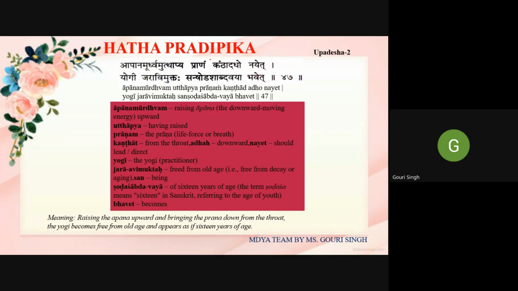And lastly, whenever we apply the Uddiyana bandha, it reaches there, and in that area it creates a vibration or a flow of energy which is required for the opening of the Sushumna nadi, which is required to open up our Kundalini Shakti. So these changes will happen in our body. That is discussed in this.